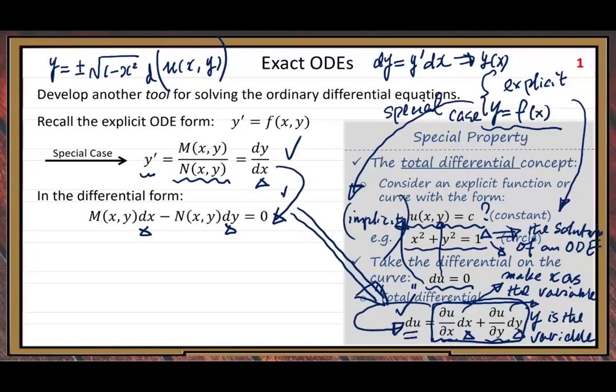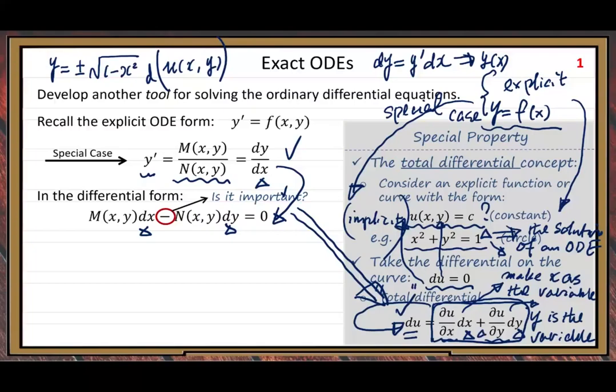But in this M and N formula, we use that negative sign. The negative sign is not something that we cannot overcome. The negative sign can be easily converted to a plus sign, because in the total differential form it's a plus sign.